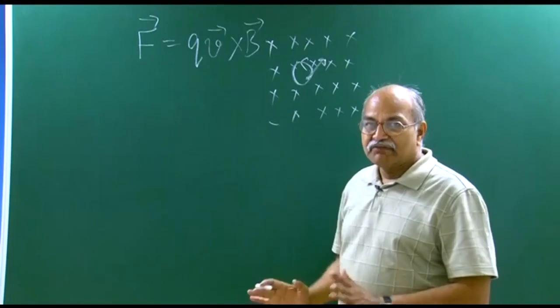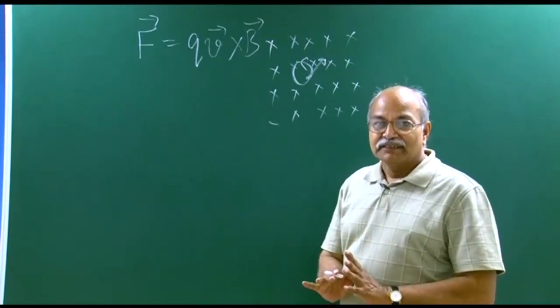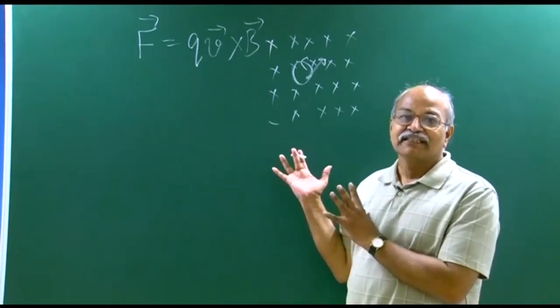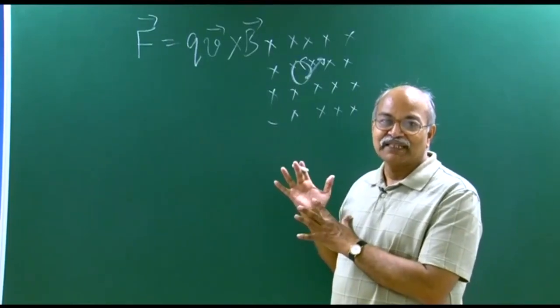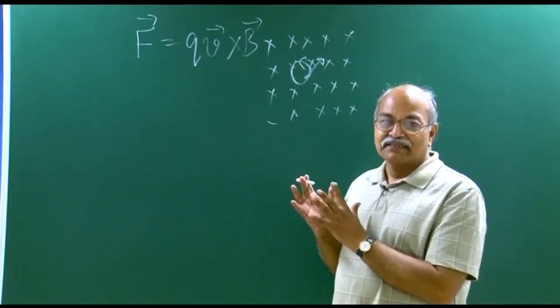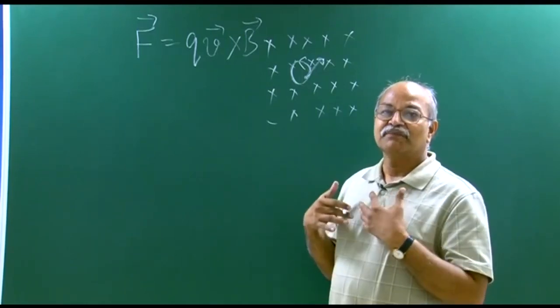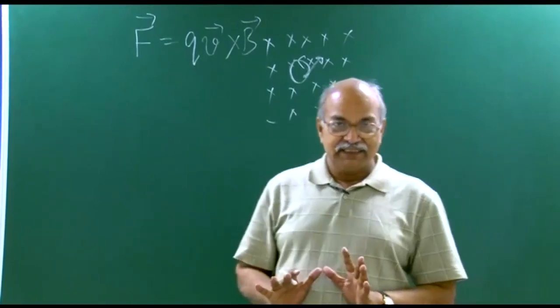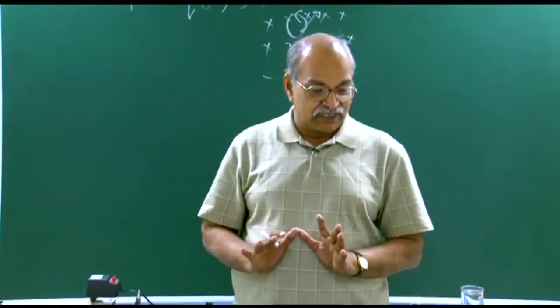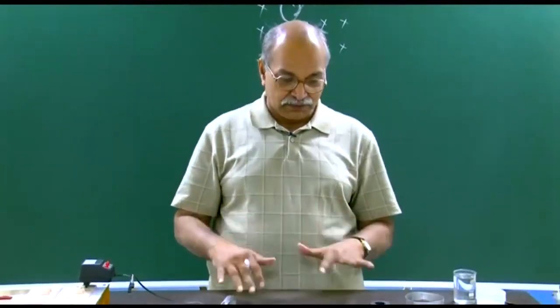Okay, so our experiment will be demonstrating this fact that particles do go in circular path when they are placed in magnetic field and when they are given some velocity. So let me explain the setup, what kind of things we are going to use.